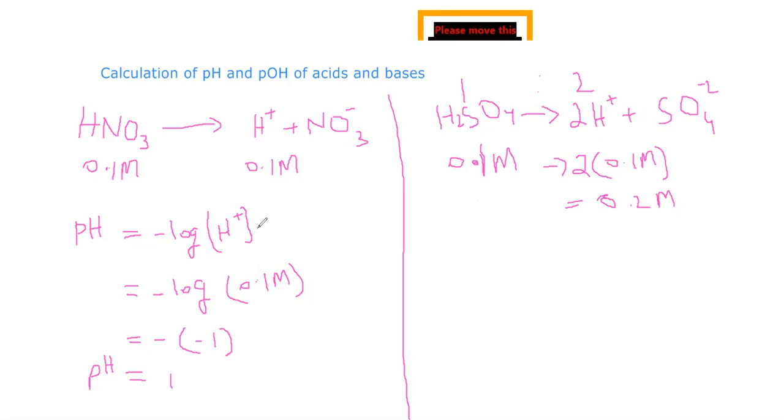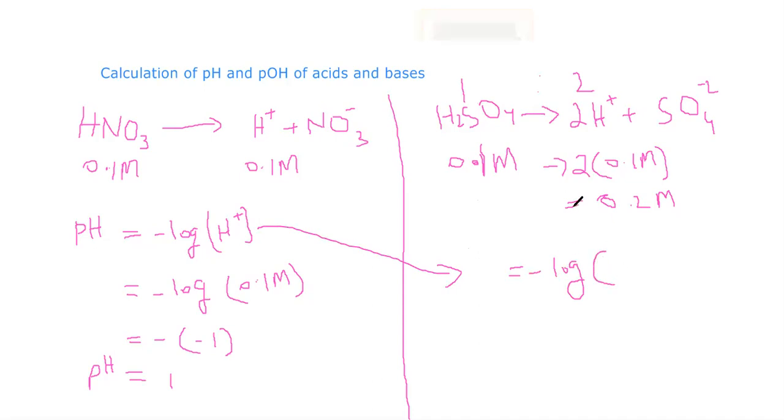Now we will use the same equation, pH equals minus log of the hydrogen ion concentration, and here the hydrogen ion concentration is 0.2. Let's see what the answer would be for 0.2 molar concentration, so again you can use the calculator.